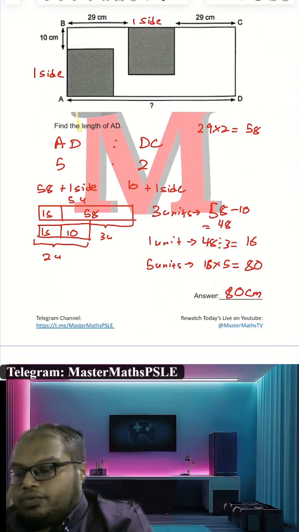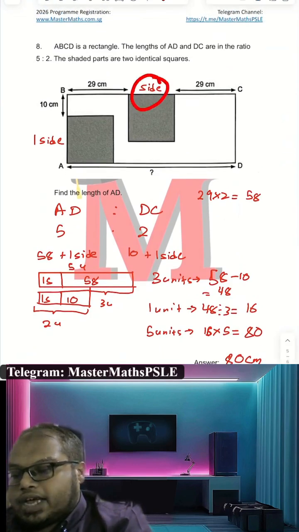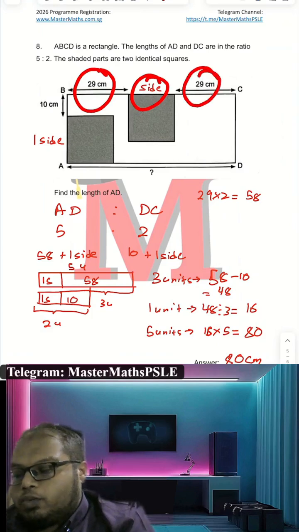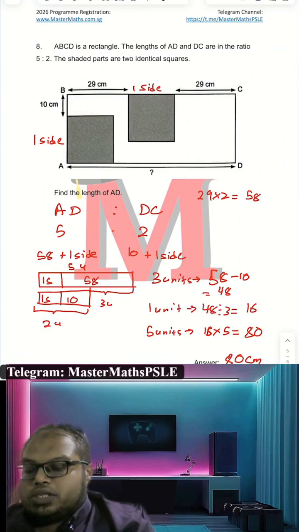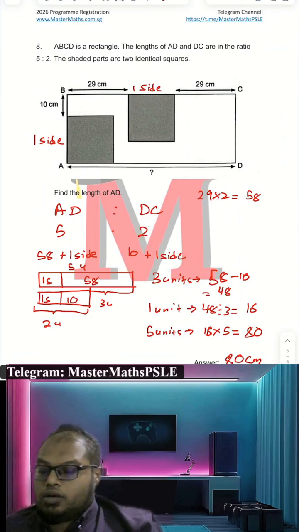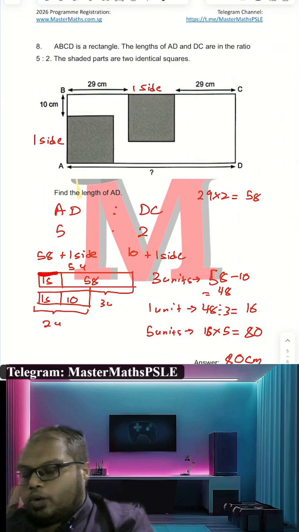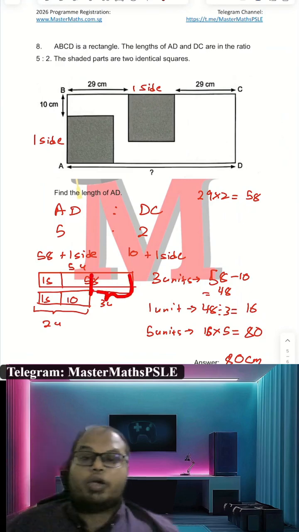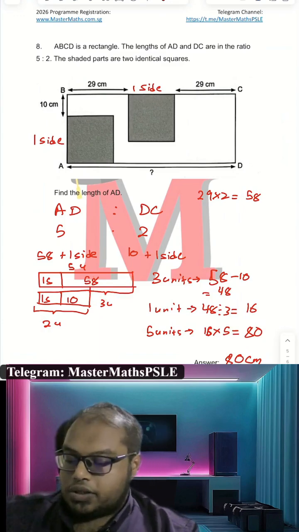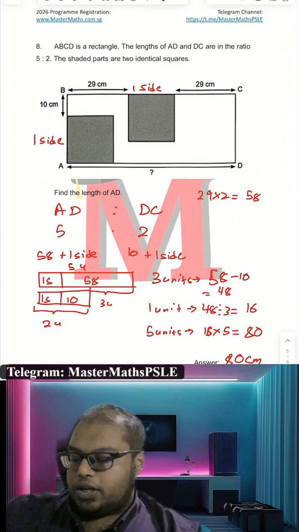This 5 units is made up of this one side, 29 plus 29, which is 58, plus that one side. The DC, which is the breadth of 2 units, is made up of 10 plus the one side. So now I put it into a model: one side plus 58, one side plus 10. The difference here is these 3 units. So the 3 units is 58 minus 10, which is 48, 1 unit is 16, and 5 units is 80.